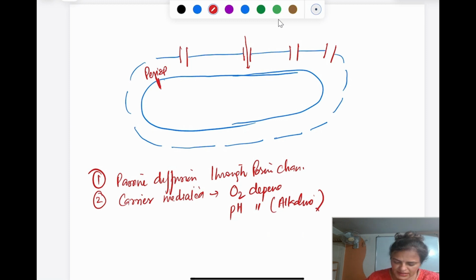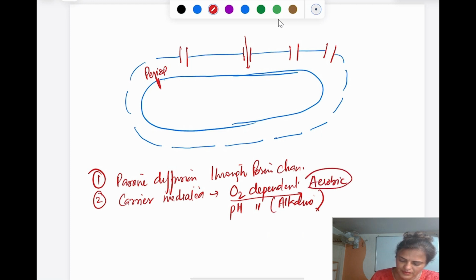So, oxygen dependent, if it is oxygen dependent, then what will happen? This aminoglycoside is effective against the aerobic gram-negative microorganisms, not effective against the anaerobes, where oxygen is absent. So, this is how it is going to enter.